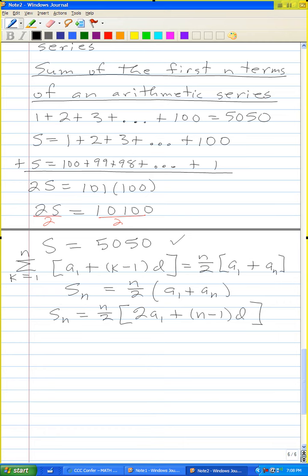Let me do problem number, let's say, 26. Negative 5 plus negative 3 plus negative 1 plus 1 plus 3.